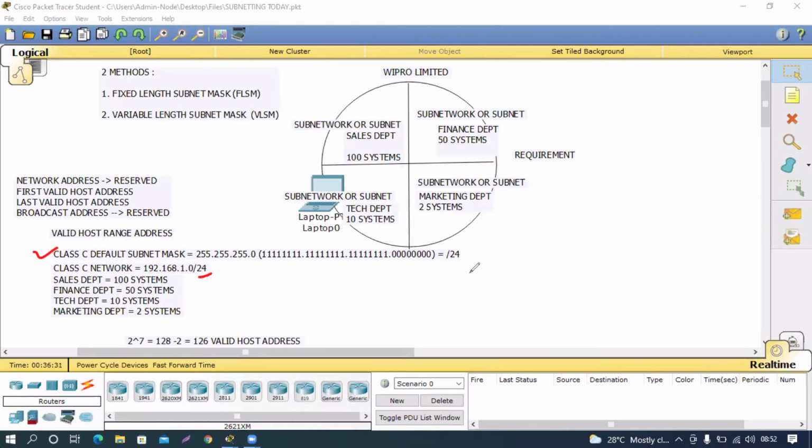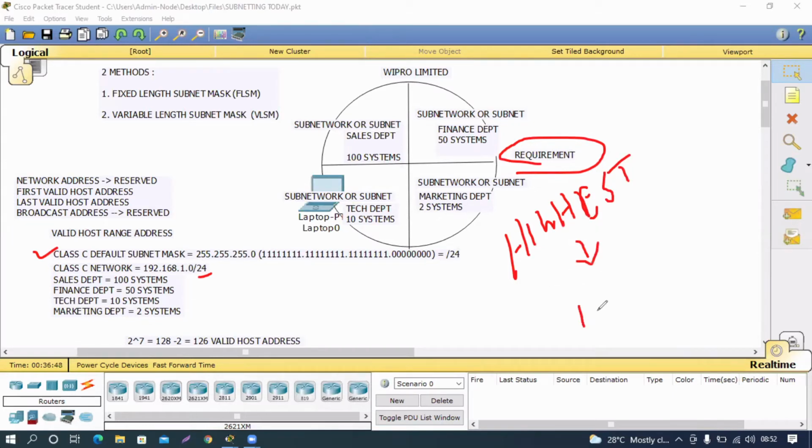When you get the requirement from the company, always arrange it from highest to lowest. The requirement should be arranged properly in this order.